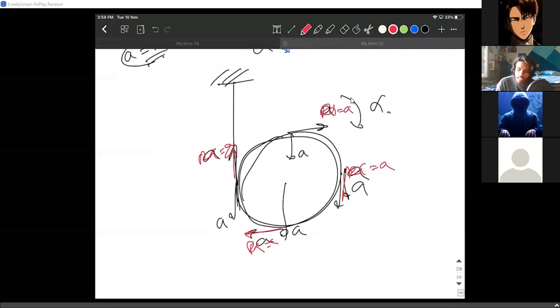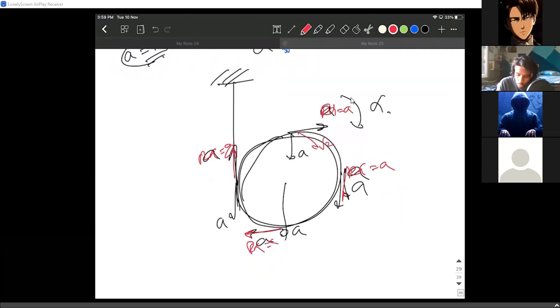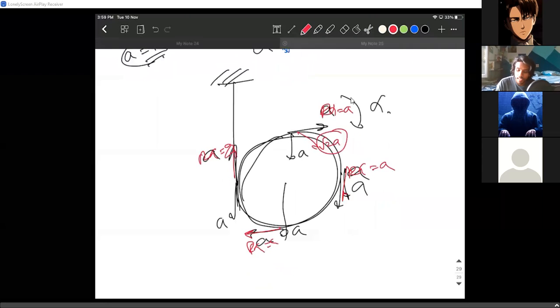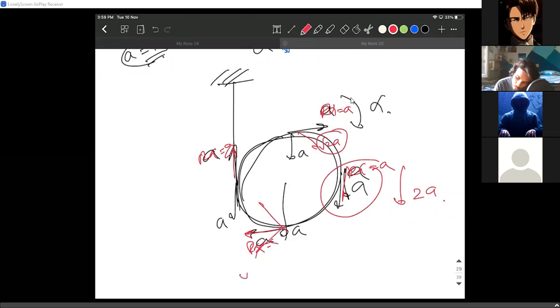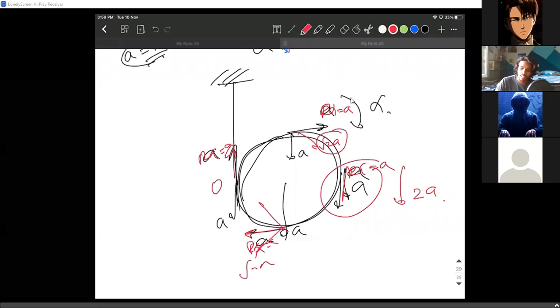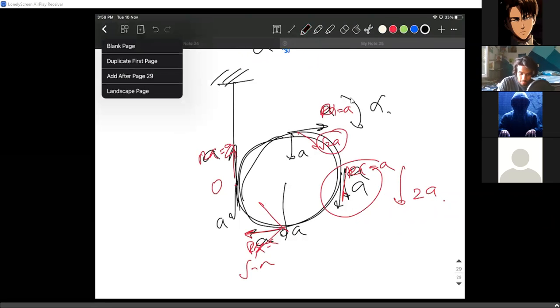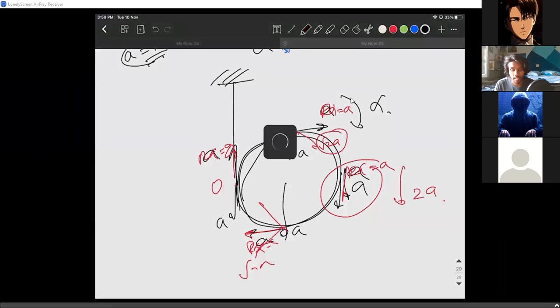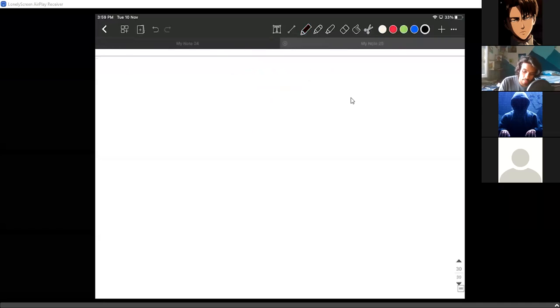If you clearly look at the diagram, this has root 2A acceleration. This part has 2A acceleration. This part has root 2A. And this part has zero acceleration. Let me draw it clearly again. I have a very bad habit of making a mess out of a paper.